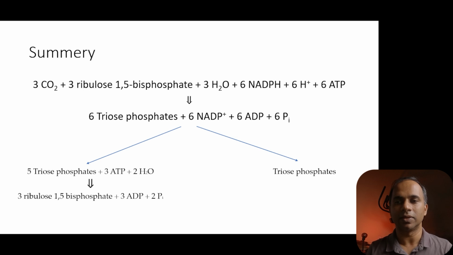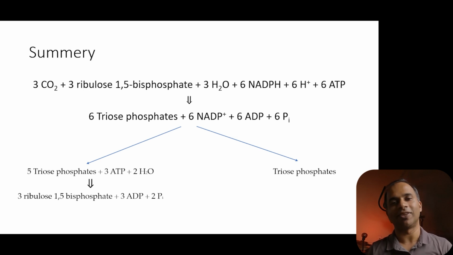Then this intermediate is going to convert into 5 triose phosphates and 3 ATP and water, and then it will be converted into 3 ribulose 1,5-bisphosphate, 3 ADP and 2 phosphate groups, and the rest is going to convert into triose phosphate.